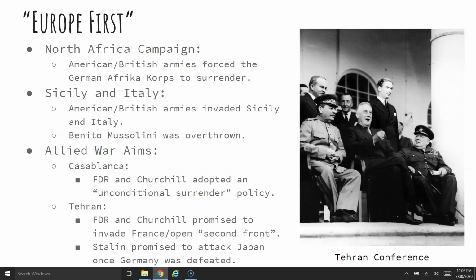That is not to say that we left Japan completely alone to do whatever they wanted in the Pacific while we focused on Hitler. But our primary focus after joining the war was defeating Hitler. So the first American efforts in the European theater were in North Africa.